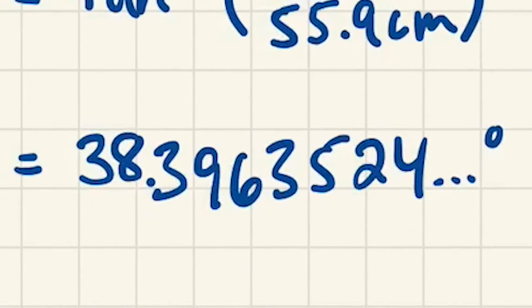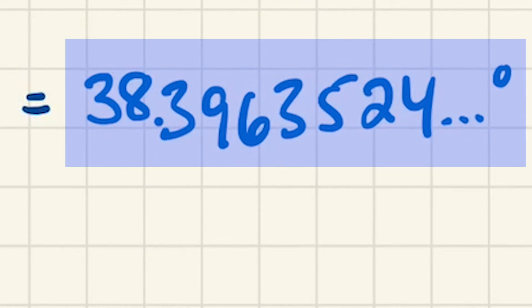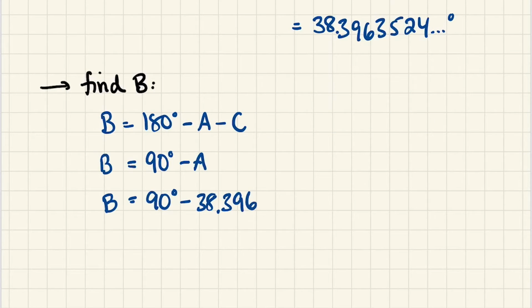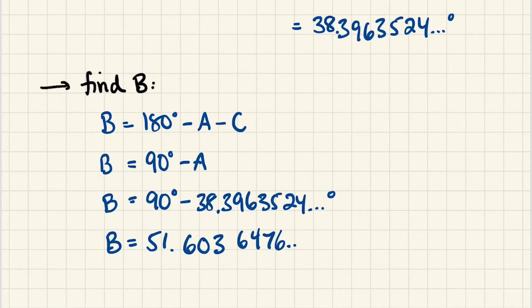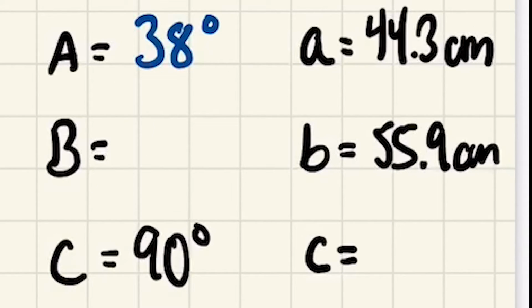We want to use the very precise figure 38.396 blah blah blah. So that's the most recent figure in the calculator, so we can just go 90 minus and then use the answer button on the calculator to get 51.6036476 degrees. Okay, and that rounds to 52 degrees.